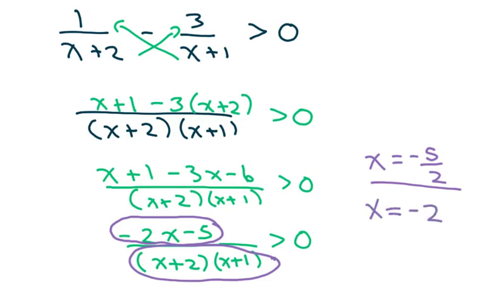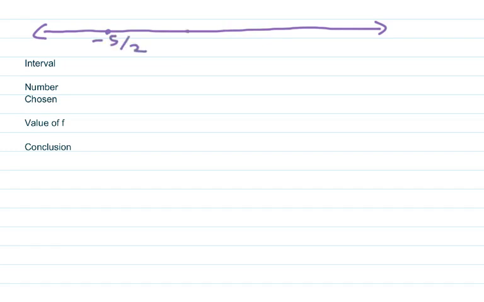That's going to be negative 2 and negative 1. So if I do a number line, I'm going to put my three values in decreasing order. So this is negative 2.5, negative 2, and negative 1.